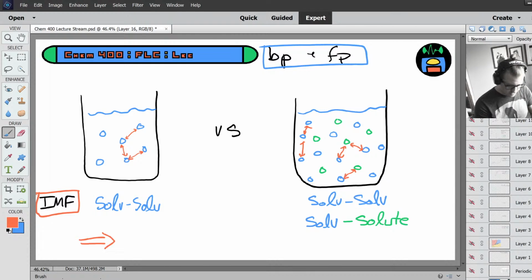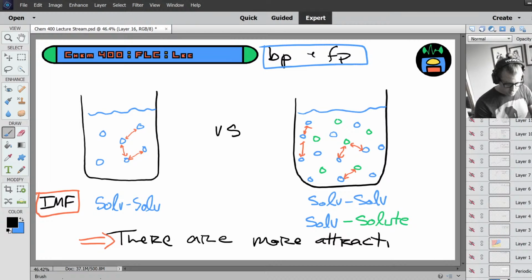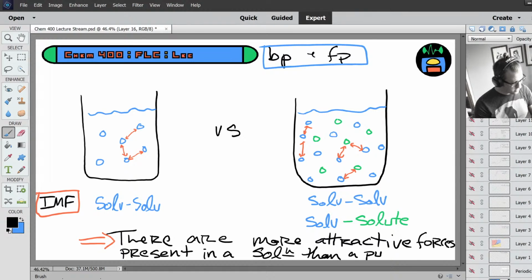And that is the conclusion: there are more attractive forces present in a solution than in a pure solvent.